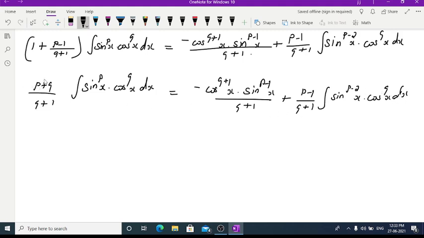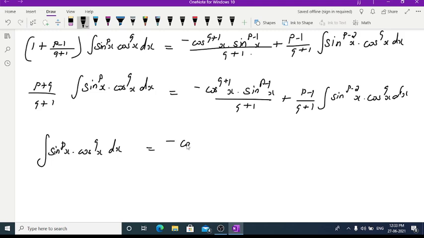Now taking this to the right side, we get integral sine raised to p x into cos raised to q x dx is equal to, taking this to the right side, (q plus 1) divided by (p plus q), the reciprocal of this one. So q plus 1 cancels, then p plus q in the denominator.